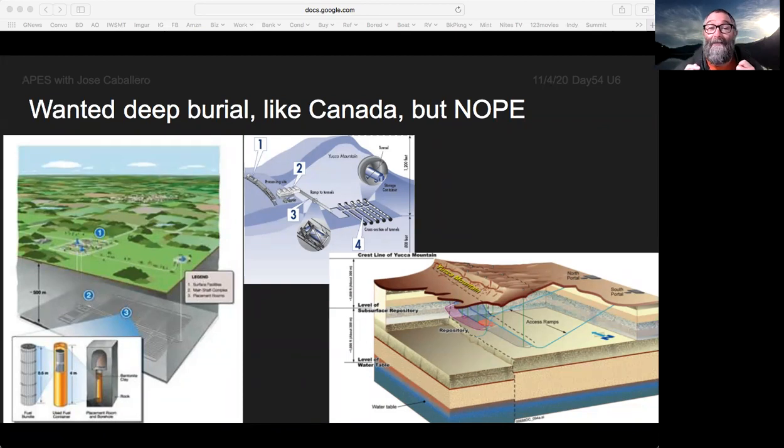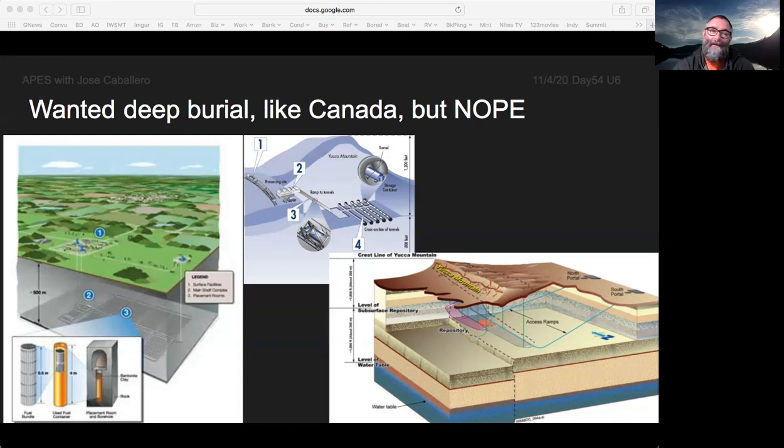So we were planning to put this in a place called Yucca Mountain. And you should probably know that it's a famous place. Yucca Mountain in Nevada. We thought we were going to build a network of tunnels in rock underneath a giant mountain, which would be deep enough, I guess, to put all this super radioactive stuff. And then we would just look at it forever because somebody has to walk through and make sure that it's all legit.